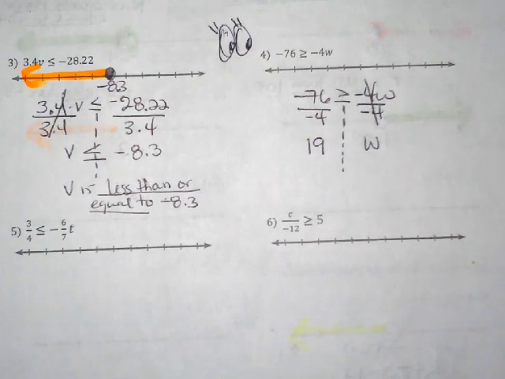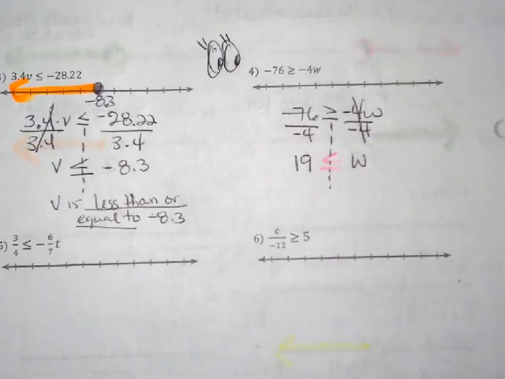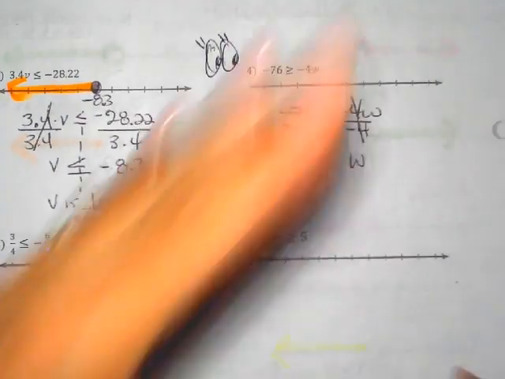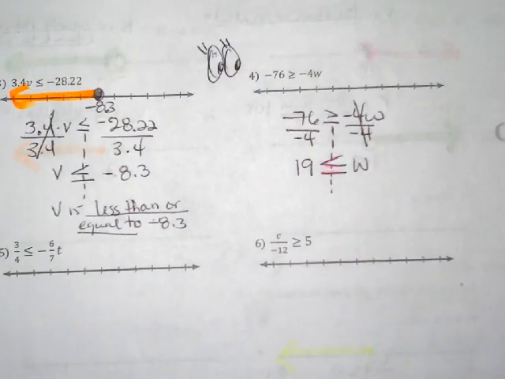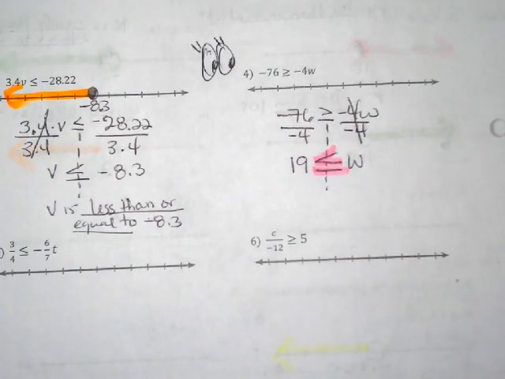All right, very important. I need you to flip the inequality sign. It was opening to the right. Now it's going to open to the left. This is something very important and that only happens when we do inequalities.